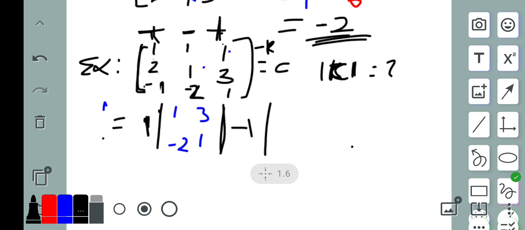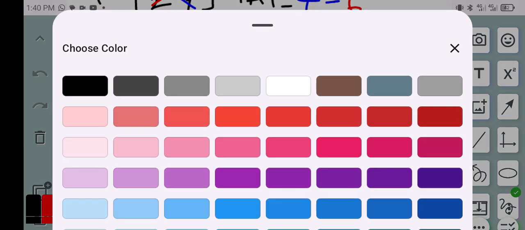What do I have left here? 2, minus 1, 3, and 1.